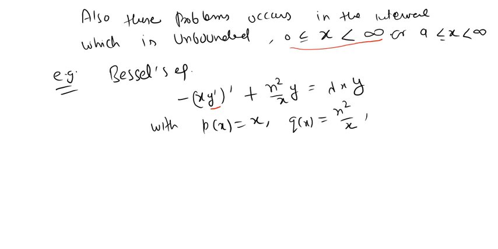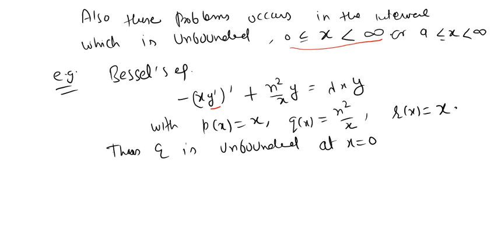And r, the right hand side, lambda r x y, so r of x is x. Clearly you can check that there is no problem in p and r, but q is unbounded at x equal to 0. If you take the domain 0 to 1, then q is unbounded at x equal to 0. So n square by x is not defined.